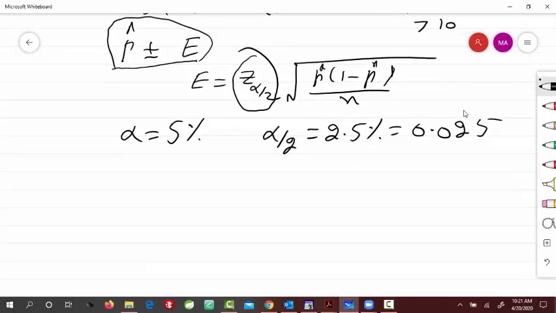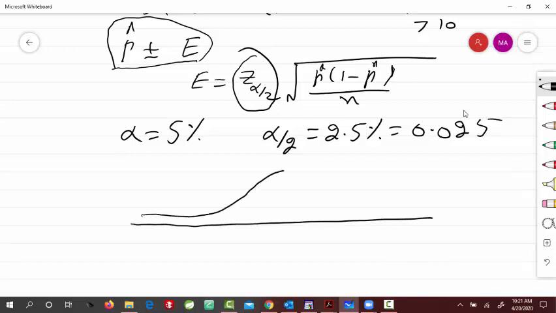If we draw this normal curve here, z sub alpha by 2 would be a value in the standard normal distribution curve for which the area on this side is equal to alpha by 2, which is 0.025.